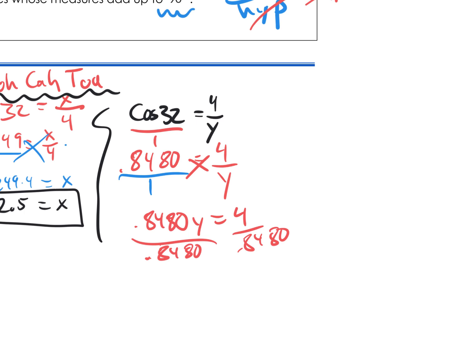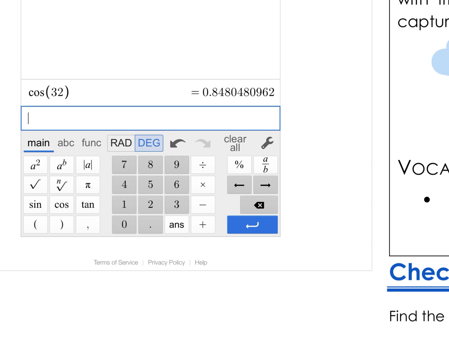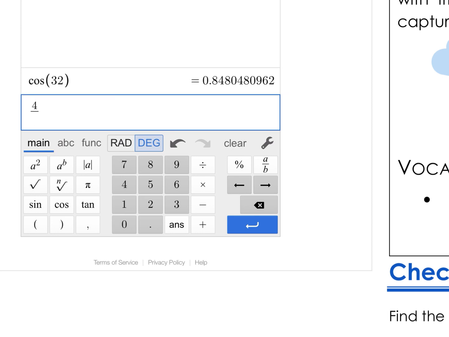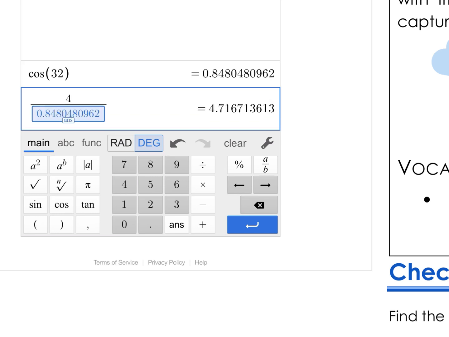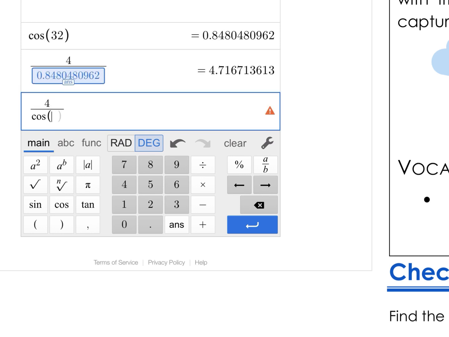So we'll go back to our calculator here, and we've got 4 divided by, and you'll have an answer key on your calculator. On Desmos, it's this ANS, which means answer, down here. So if we divide that, we get 4.7. Now, by the way, we could say this is 4 divided by cosine 32.